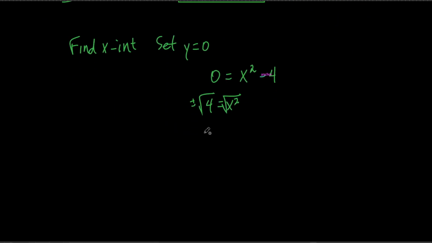So we do the math. What do we get? x equals plus or minus 2. That's the x-intercept. Tell you the truth, it's not really the x-intercept because we want to write it as an ordered pair. So how do we write it as an ordered pair? Remember, we set y equal to 0, so that's always going to be 0. So what do we put here?